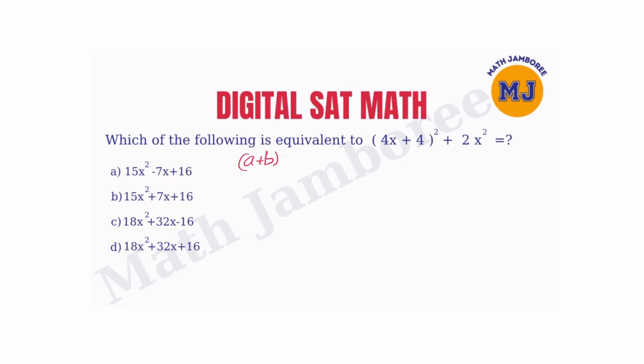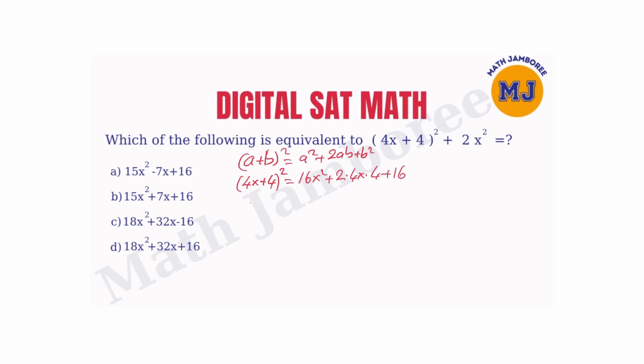The formula, if you would remember that, is a² + 2ab + b². So for (4x + 4)², 4x is the a, and 4 is the b in this format. (4x)² is 16x², 4² is 16, plus 2 times 4x times 4, plus 4² is 16.